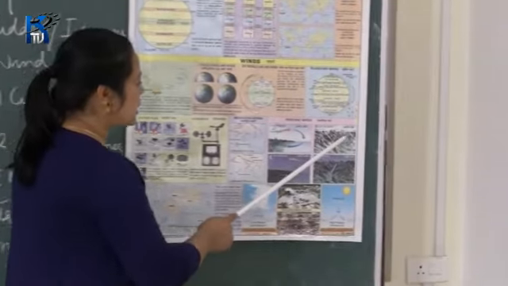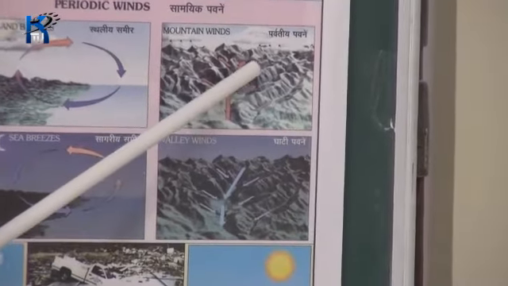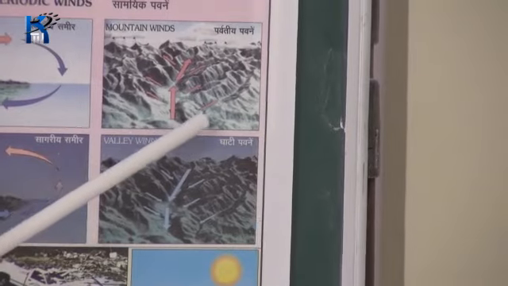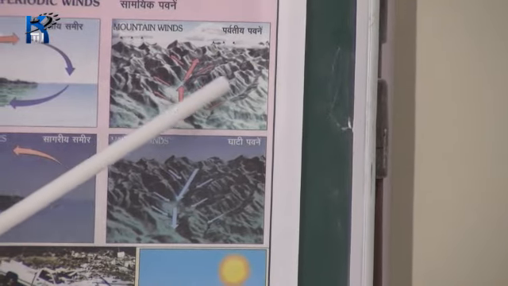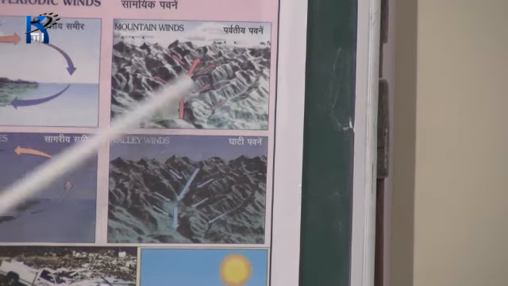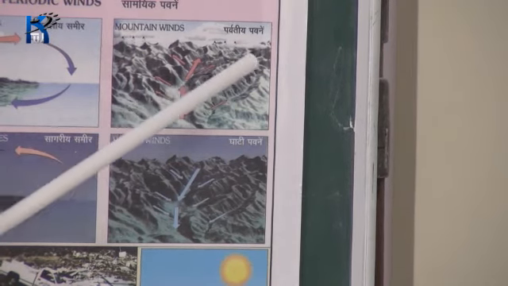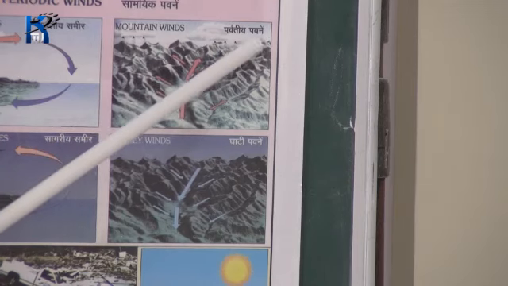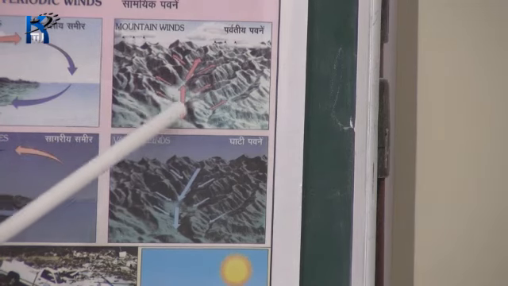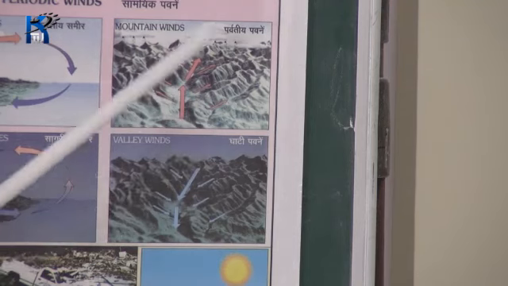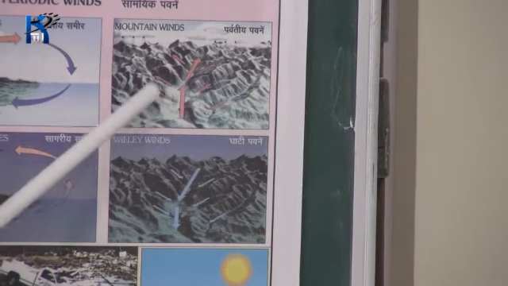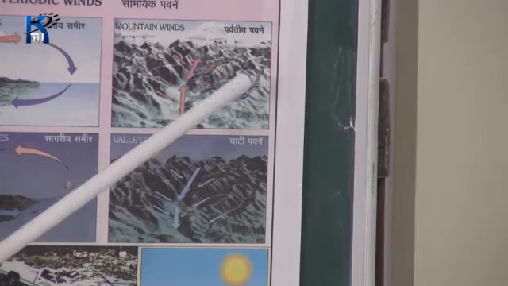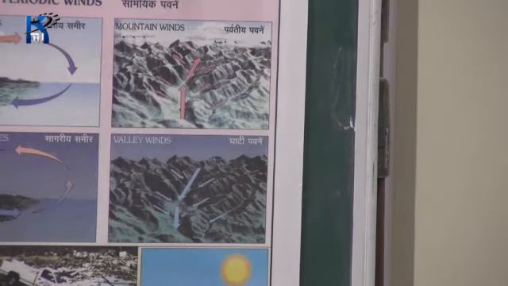Mountain winds. During daytime, the land gets heated and the wind moves from the valley towards the slope of the mountain. They move upward. That is because of the high pressure at the top and low pressure at the bottom, since the top gets heated because of its height.